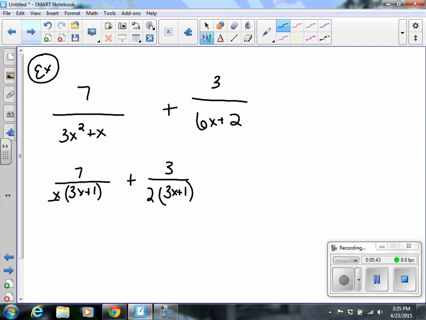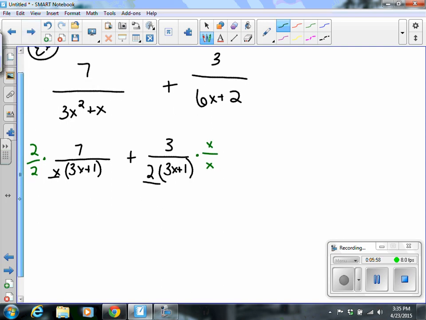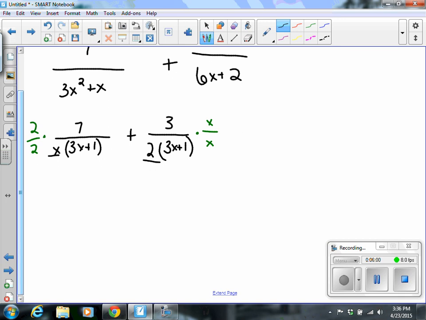So when I see here that I have an x here and a 2, I know that I'm going to have to multiply the first one by 2 over 2 and the second one by x over x. So I'm left with 14 over 2x times (3x plus 1) plus 3x over 2x(3x plus 1).